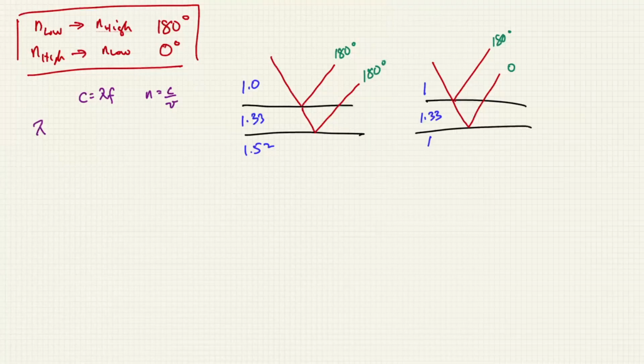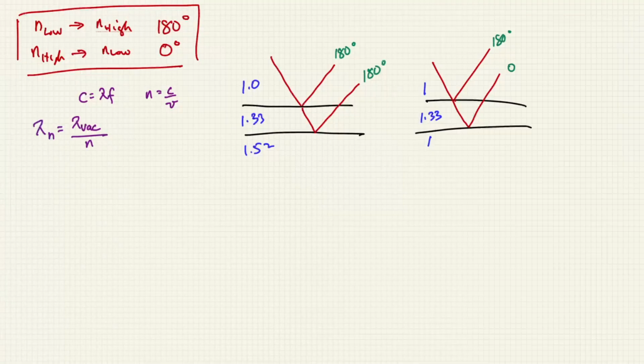It's all very consistent. So if the frequency is constant, but the speed changes, that means the wavelength must be changing also. And that's what we found by investigation and observation. So the wavelength of light in any material is going to be the wavelength in vacuum divided by the index of refraction.